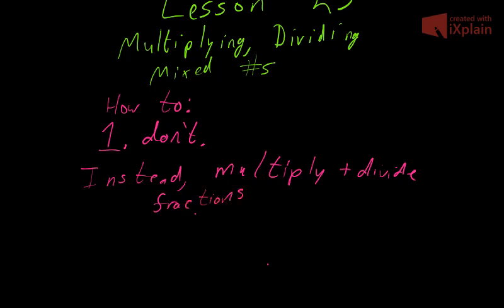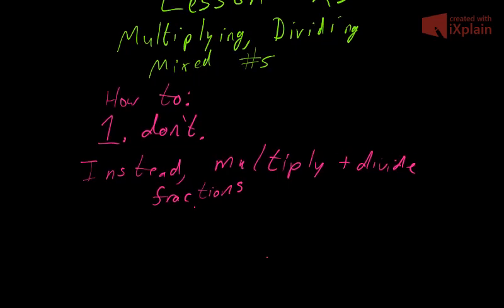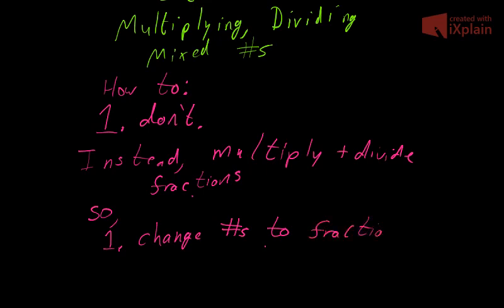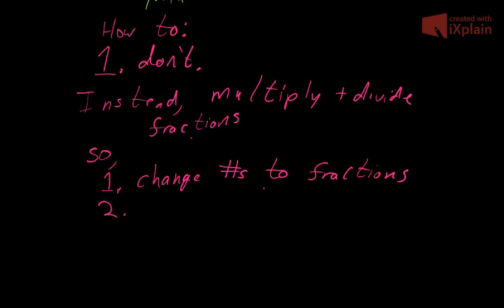So what we're going to do is we want to change our mixed numbers to fractions. Change mixed numbers to fractions. And then secondly, we want to multiply or divide the fractions.